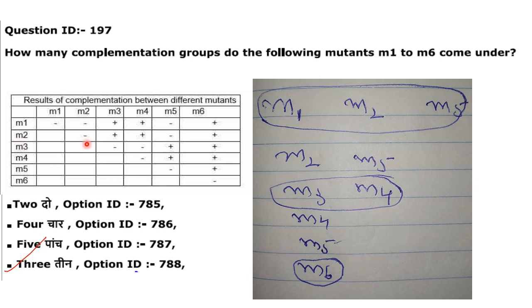Then next one, M2 we have already written, M5 also already taken. Then M3 and M4, that's another group. M4 we have already taken, M5 also already taken. M6 is the third group. So how many complementation groups do you have? 1, 2 and 3. So the answer here is option 3.